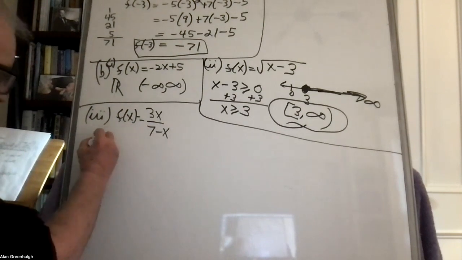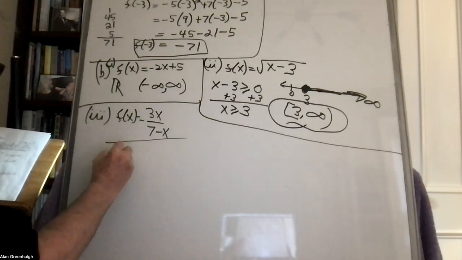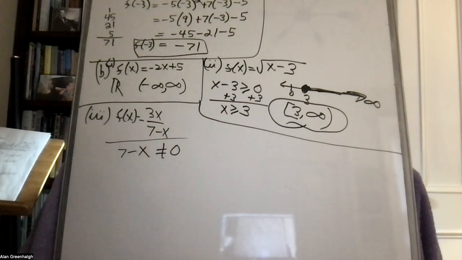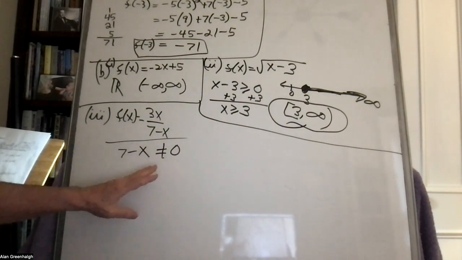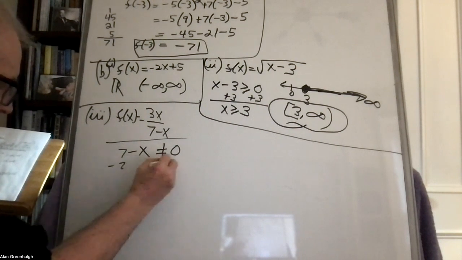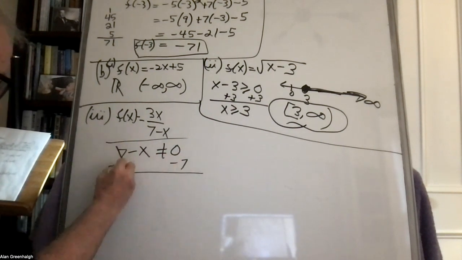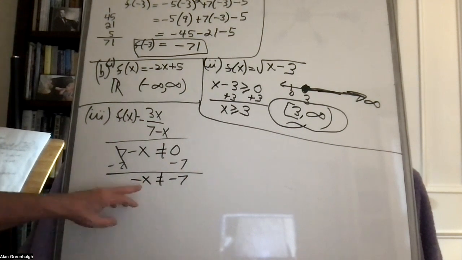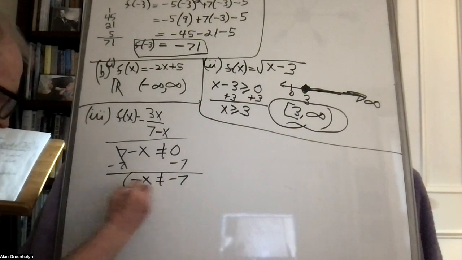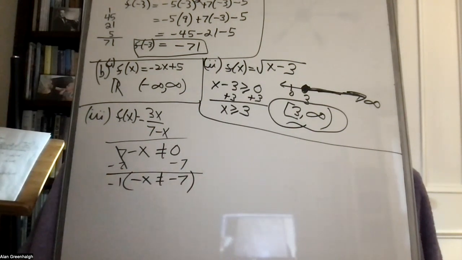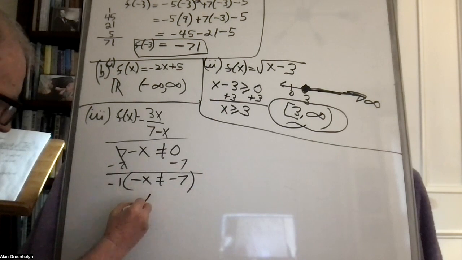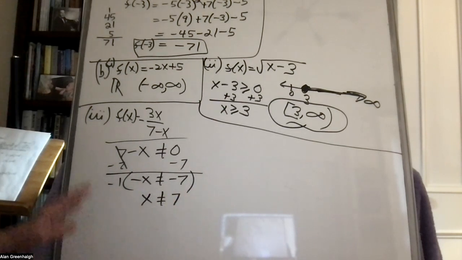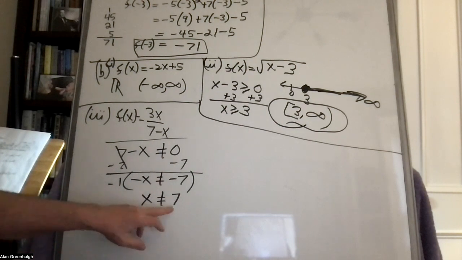It could be positive, negative, whatever. 7 minus x cannot equal 0. If we can fulfill that requirement, that will be the domain. So I solve the equation. Negative x not equal to negative 7, and when you multiply by negative 1, x cannot equal 7. So it's everything, except when x is equal to 7.